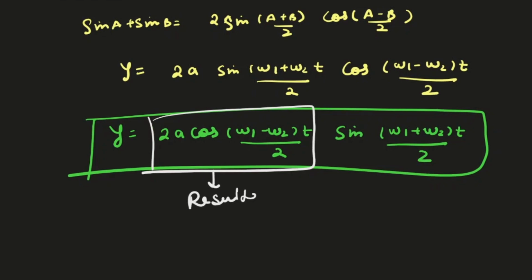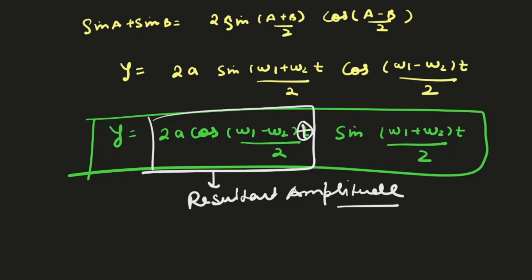So this resultant amplitude depends upon the time. It means it has a greater value at some time and a smaller value at some other time. So how this is dependent upon the time, that we discuss.